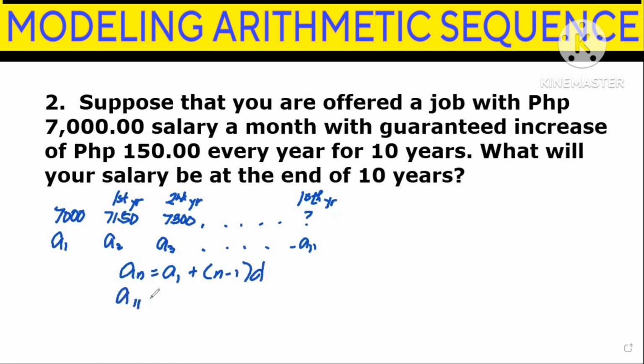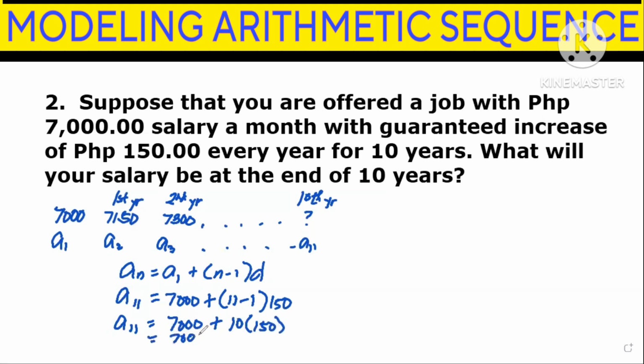So a sub 11 is equal to a sub 1, which is 7,000, plus 11 minus 1 times d. Now, d is 150, because that is his increase every year. So, a sub 11 is equal to 7,000 plus 10 times 150. So, this is equal to 7,000 plus 1,500.